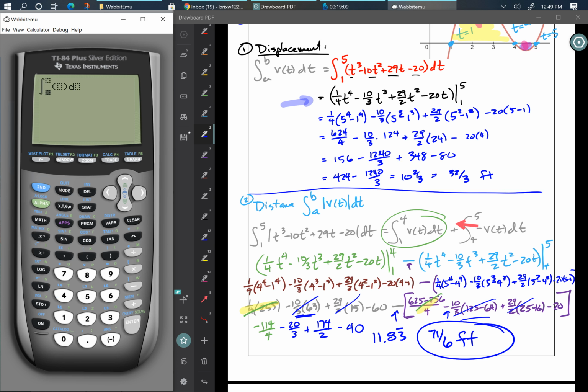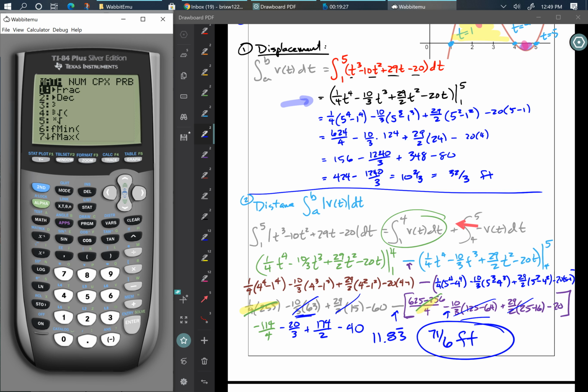I'm performing an integral. I perform the integral from 1 to 5 of that function y1 dx.